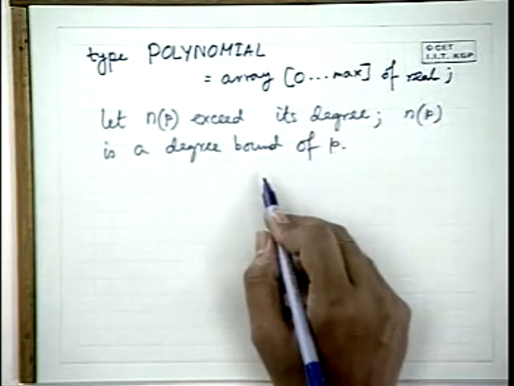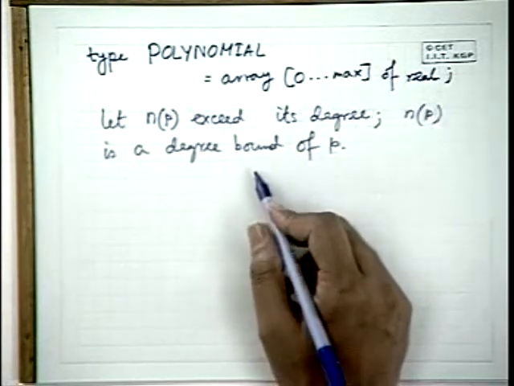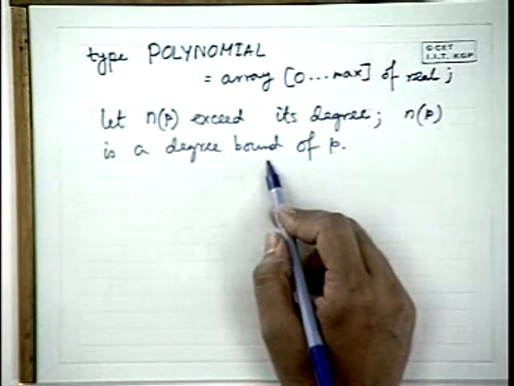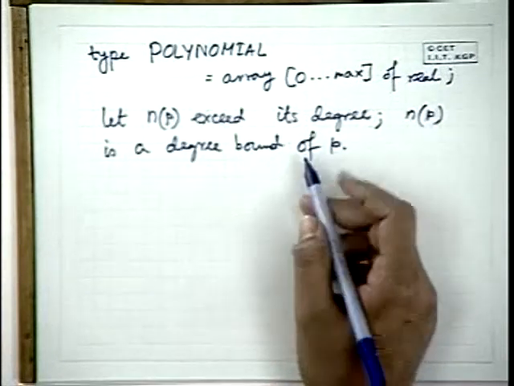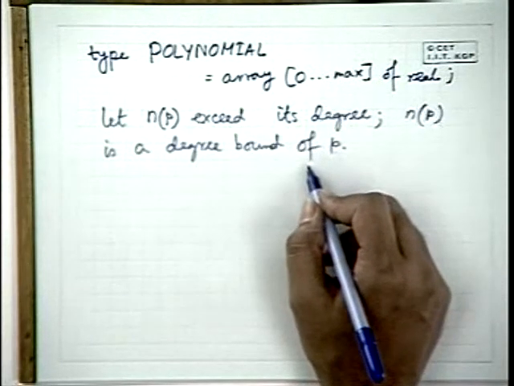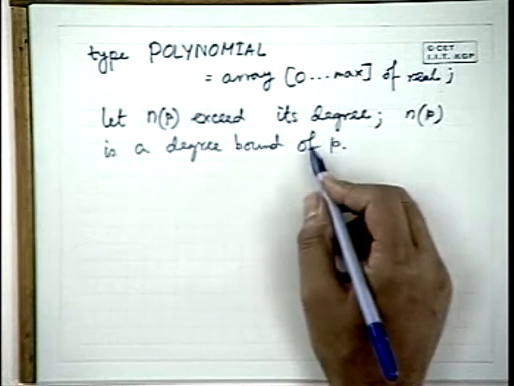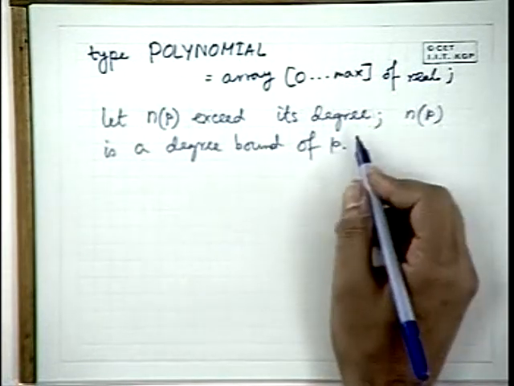It is not precisely the degree of p, but, say, a polynomial has degree n minus 1, it will be greater than or equal to n minus 1. This is done because all our complexities of the algorithm will depend on the degree. So if we have an upper bound on the degree, we can express the complexity in terms of this degree bound.